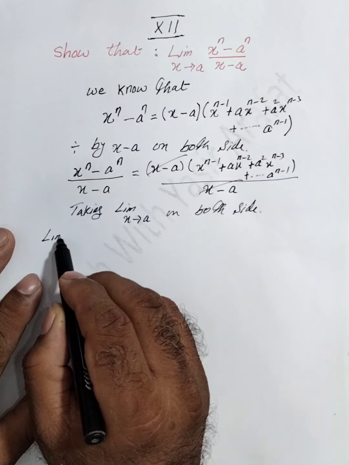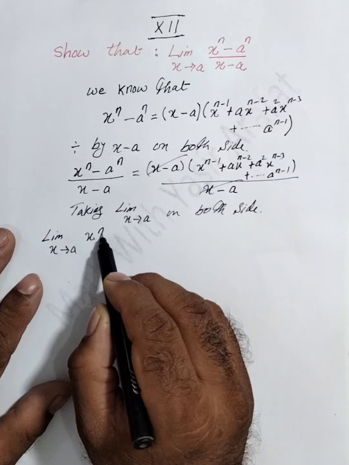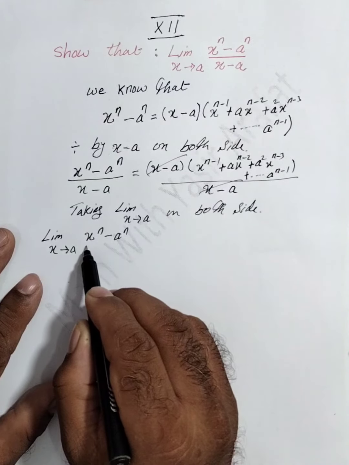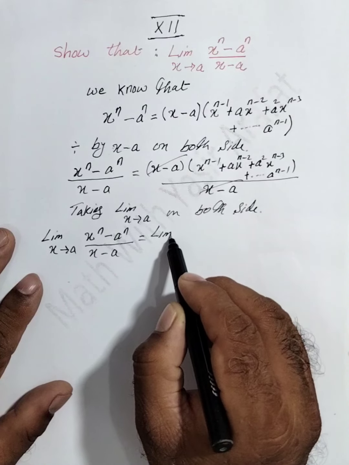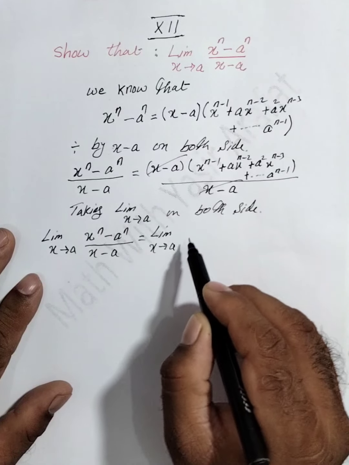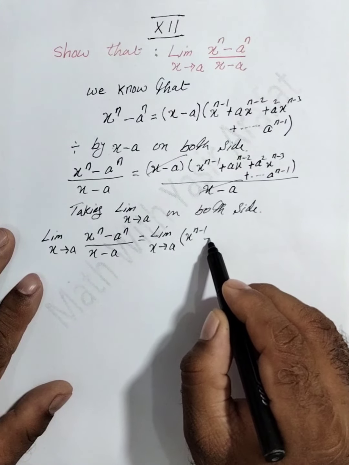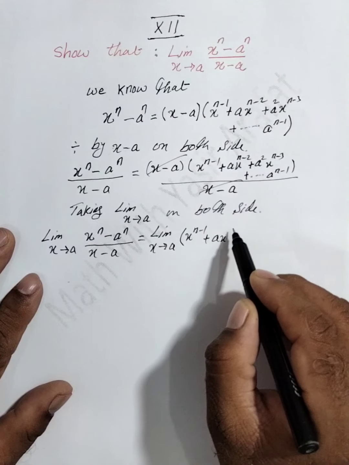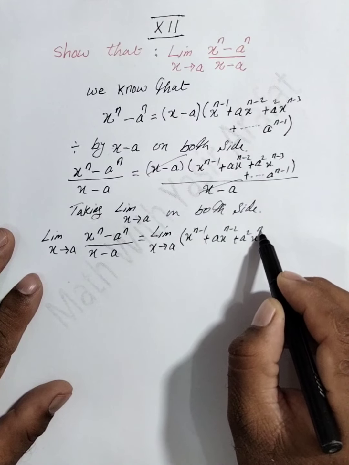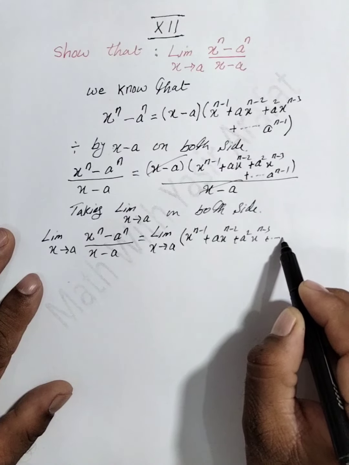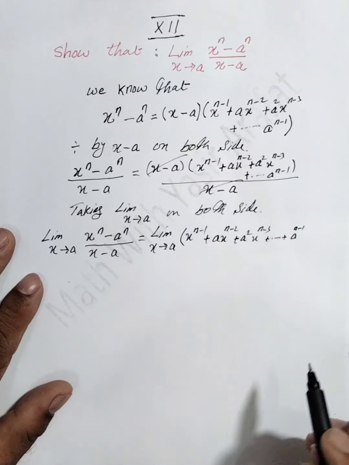So this is limit x tends to a of (x^n - a^n) divided by (x - a), and as x tends to a, this factor is cancelled out here, so we have only this factor, x^(n-1) plus a x^(n-2), a^2 x^(n-3) and so on, and a^(n-1).